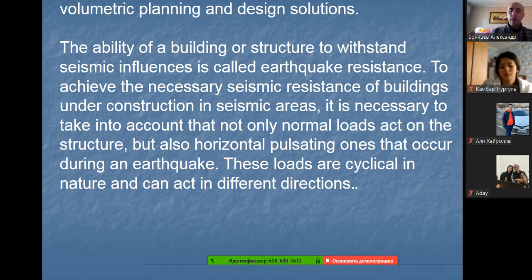When we discuss types of loads, we divide all loads into two groups according to their principal action scheme: vertical loads and horizontal loads, and also there are varying loads. We're not discussing varying loads now, just vertical and horizontal.